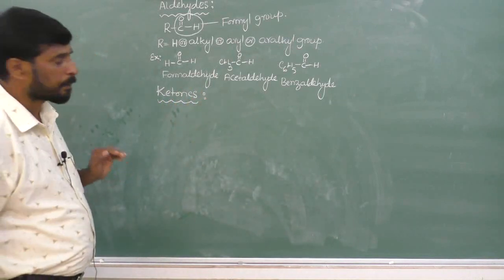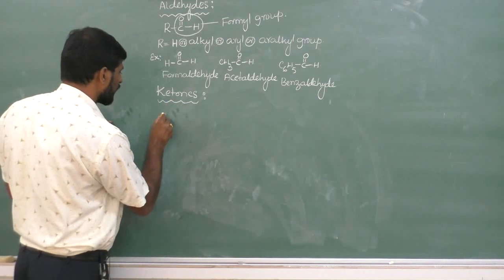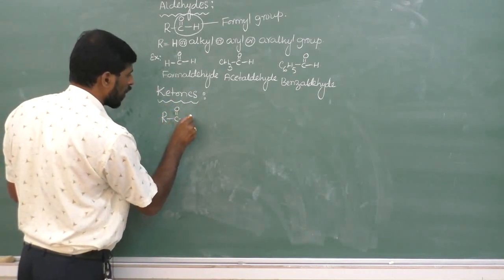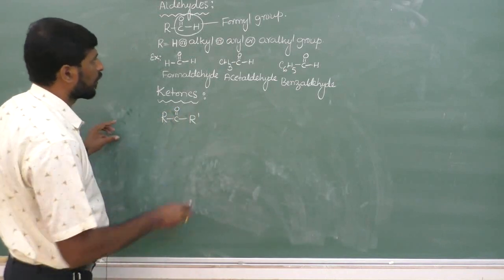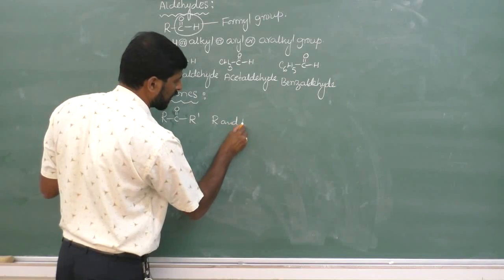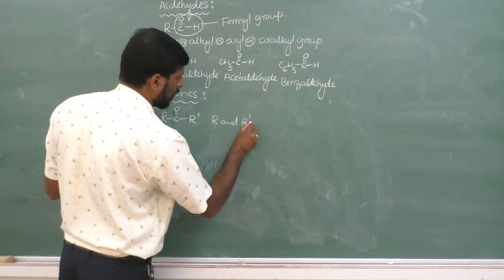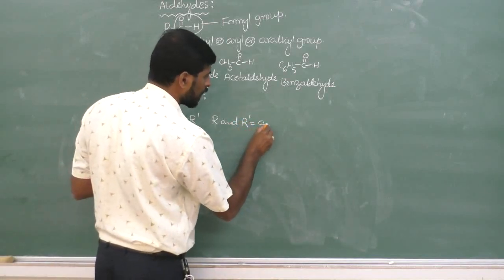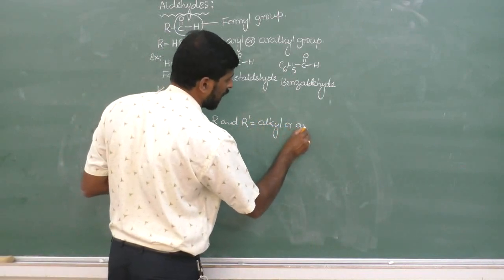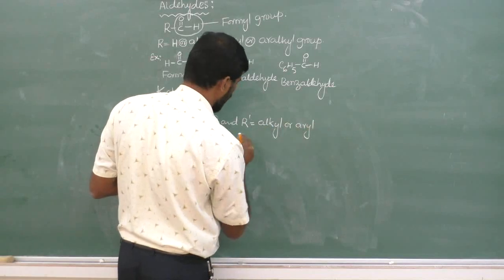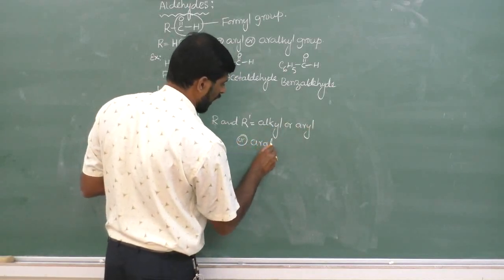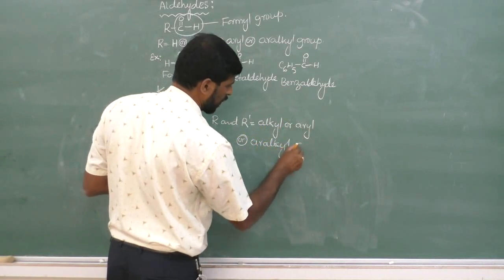Ketones are represented by the general formula RCOR', where R and R' may be an alkyl group or an aryl group.